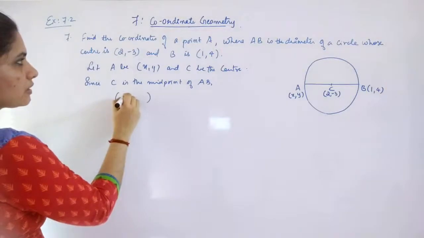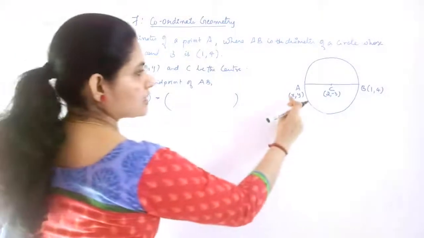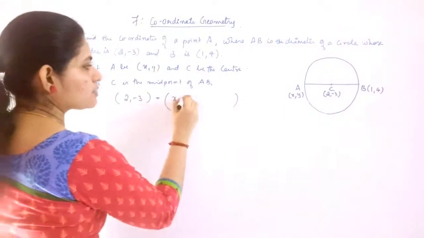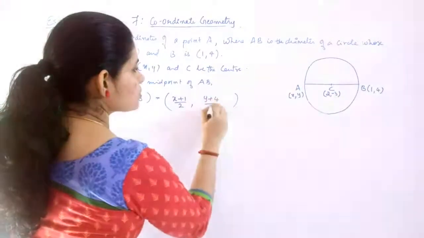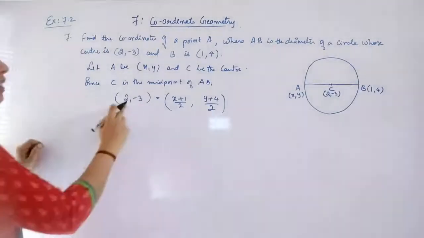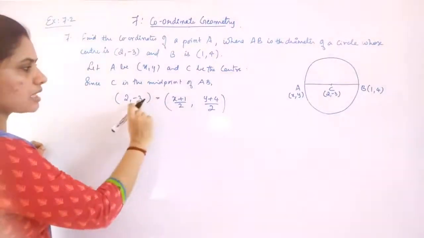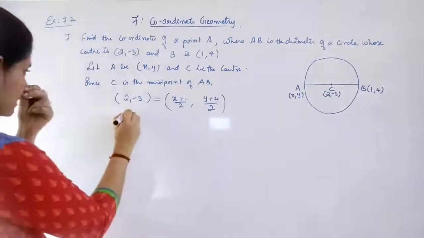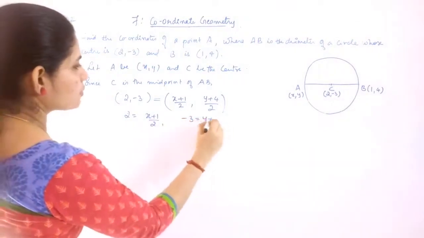It is given to be (2, minus 3), and according to the definition, the midpoint is ((x plus 1) by 2, (y plus 4) by 2), which will be the coordinates of C, and which is given to be (2, minus 3). Now comparing the coordinates, 2 will be equal to this and minus 3 will be equal to this. So you will get 2 is equal to (x plus 1) by 2 and minus 3 is equal to (y plus 4) by 2.